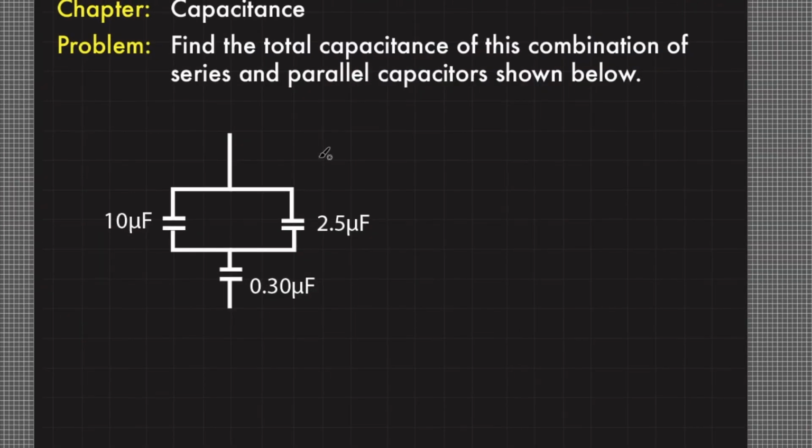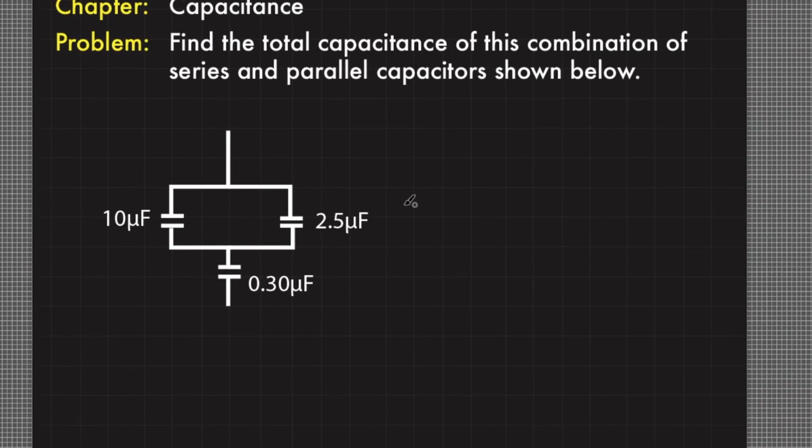Let's try to solve OpenStax University Physics Problem 33 from the chapter about capacitance. The problem requires us to find the total capacitance of this combination of series and parallel capacitors.